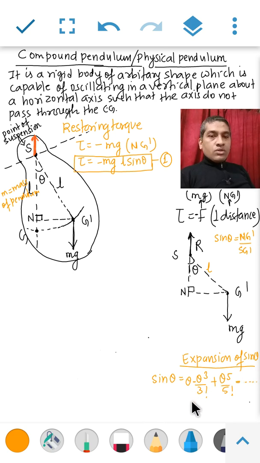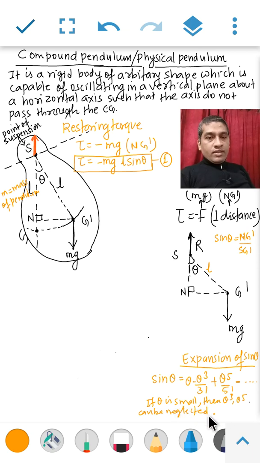In case of cos, the first term is 1. Now if theta is small, then higher powers of theta, that is theta cube, theta to the power 5, can be neglected. They are very small.